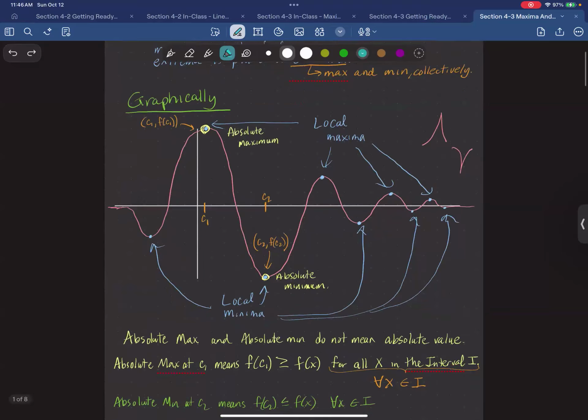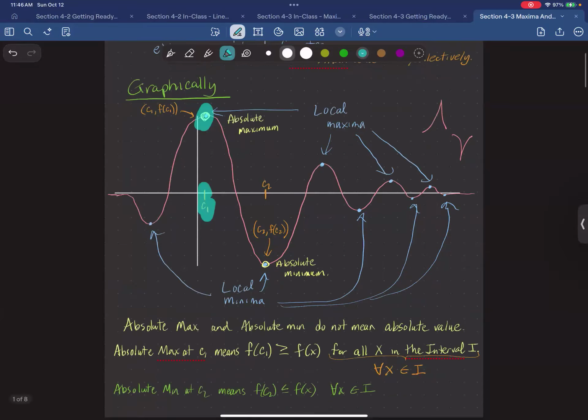Absolute does not mean the absolute value of. It just means it is the biggest or smallest, lowest. So we have an absolute max at C1 right there.